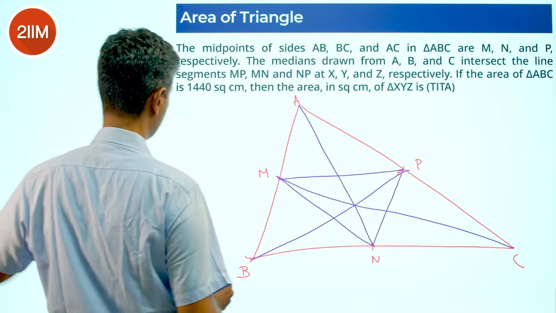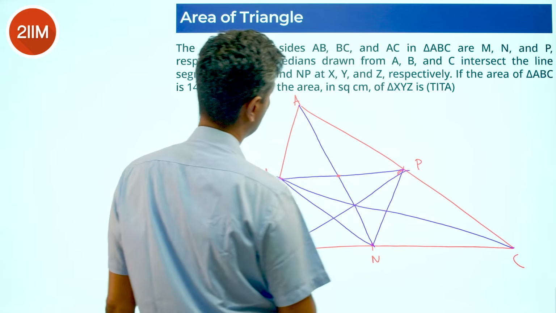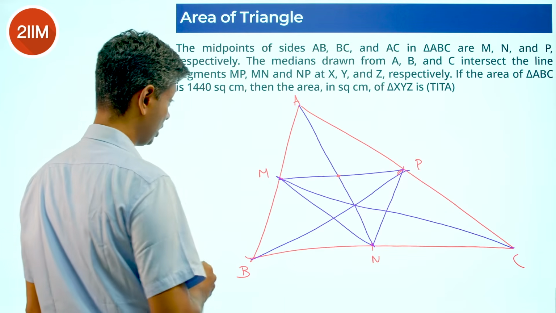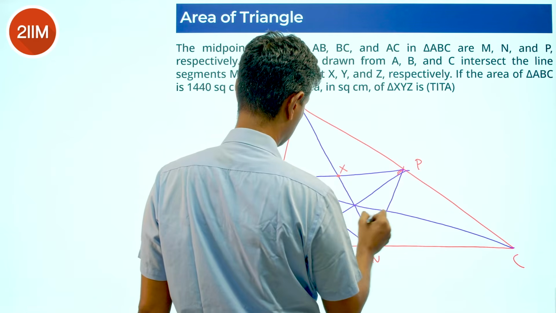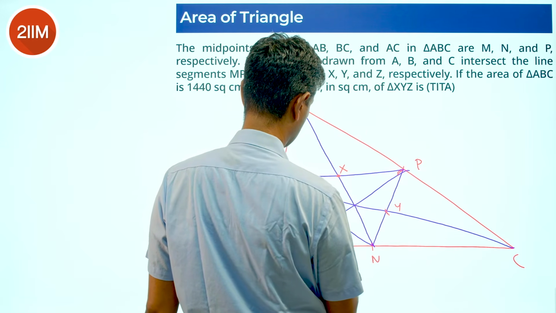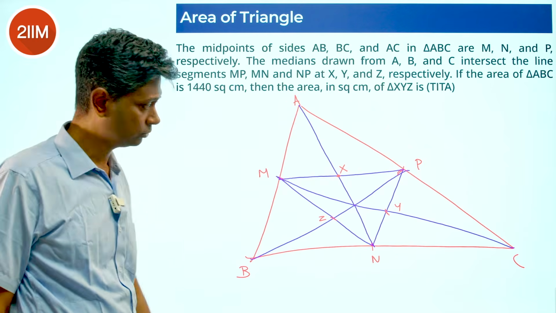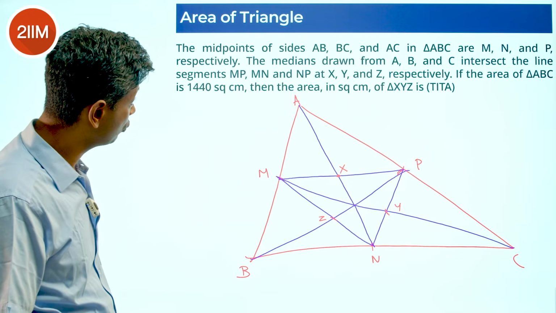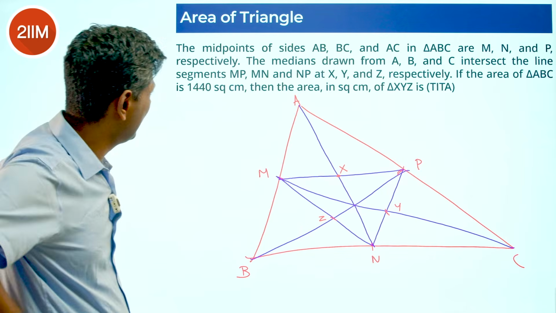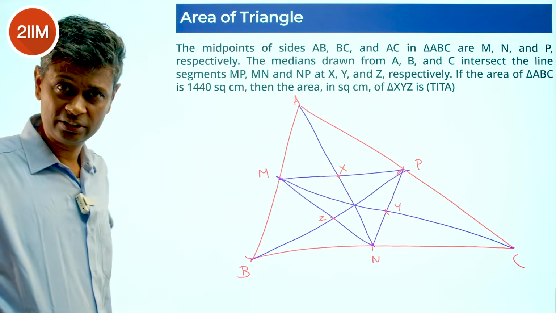The medians from A, B and C intersect at X, Y and Z. Area of triangle ABC is 1440 square centimeters. Area of triangle XYZ, what is it going to be?